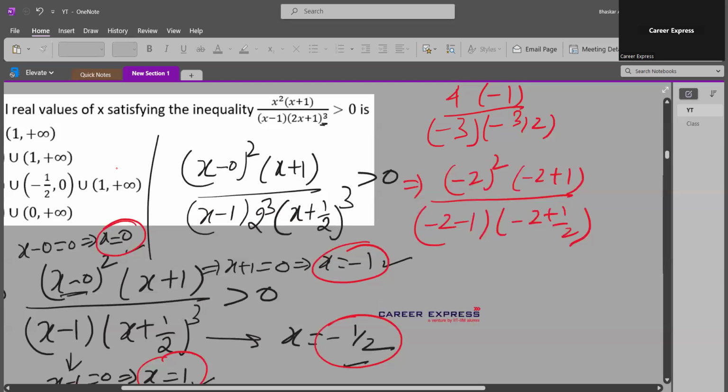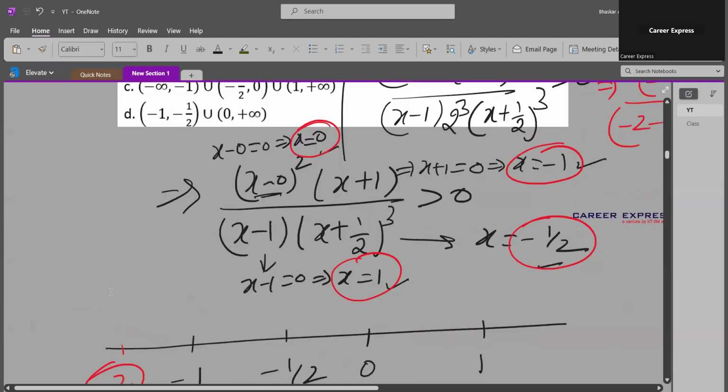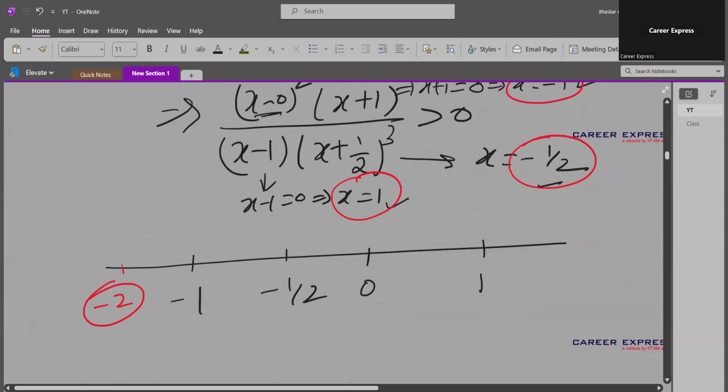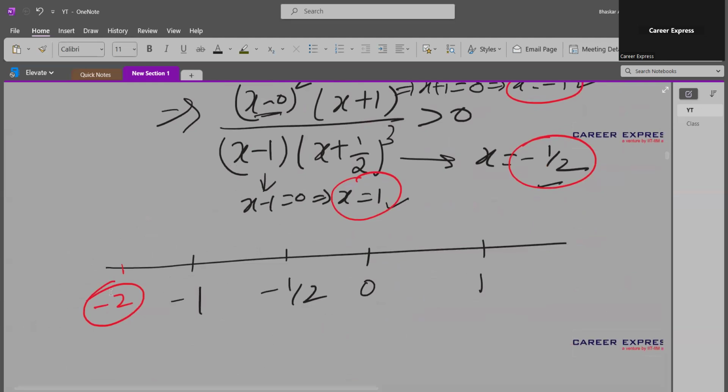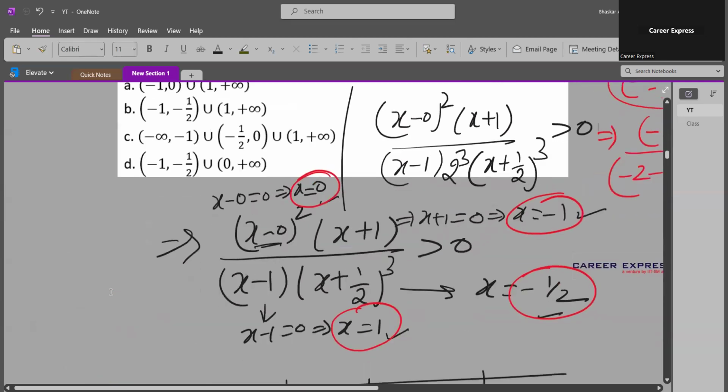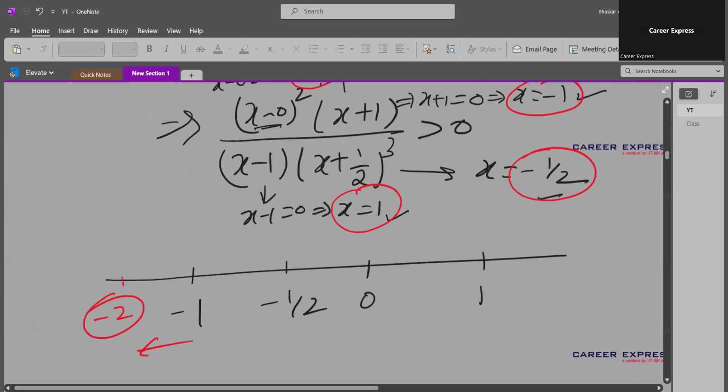So overall, this will be a negative number. We have 3 negatives, which means it will be a negative number. We don't have to know the exact value, but we need to know the sign of this expression. So when x is less than minus 1, our expression is negative.